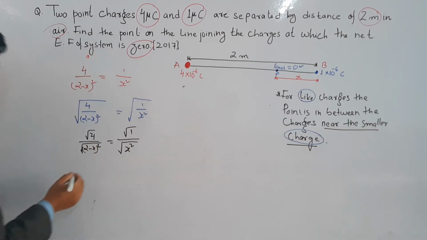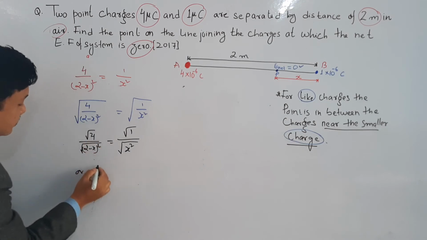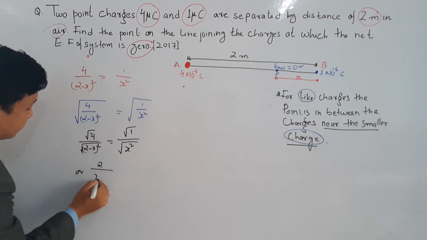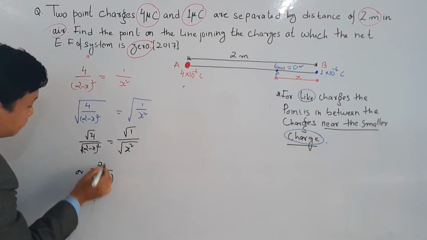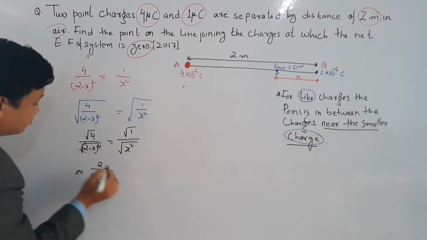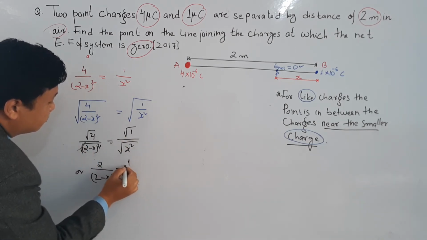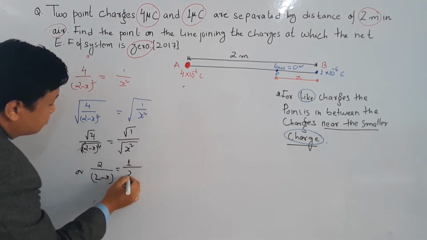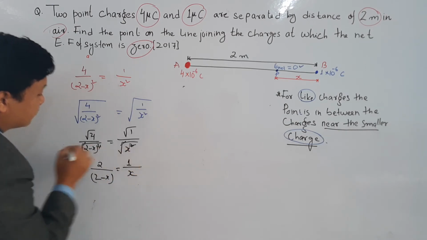Then how much will this be? Root 4 is 2, divided by 2 minus x, because the square cancels the root, and root 1 is 1 divided by x, because this will cancel.